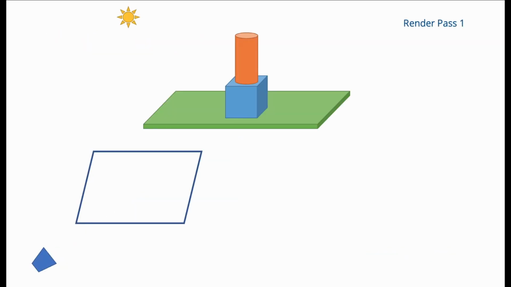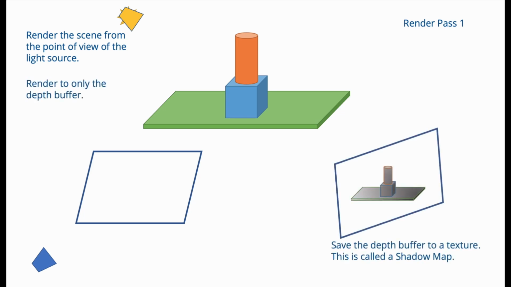In the first pass, we render the scene from the point of view of the light source. So we keep the camera at the location of the light source and we look towards the scene and we render the scene from the point of view of the light source, and we do not draw this rendering to the screen.